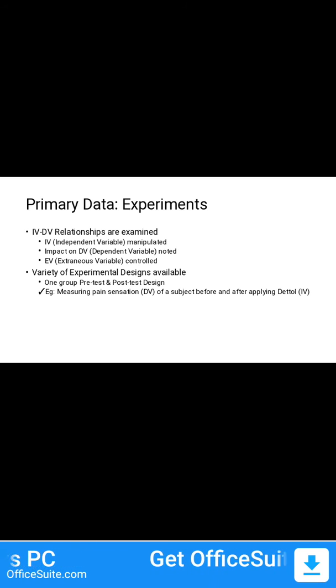So if you would recall, experiments are generally used with causal research design, and in experiments we try to determine the relationship between independent variable and the dependent variable. You would recall that we have discussed all the three types of variables there, that is IV, DV and extraneous variables.